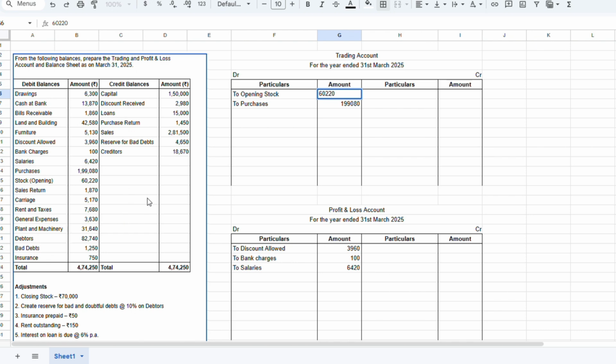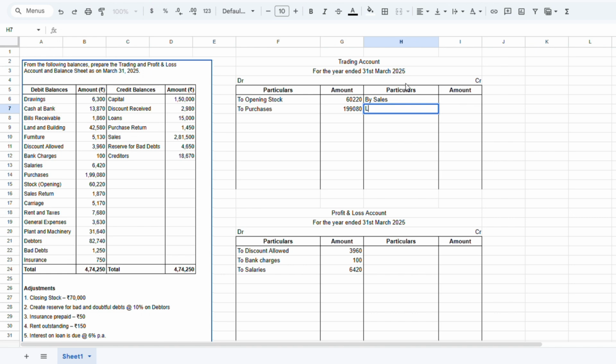Sales return is directly related to the operations of the business. So, trading account, credit side. First, we record sales, then less sales return.